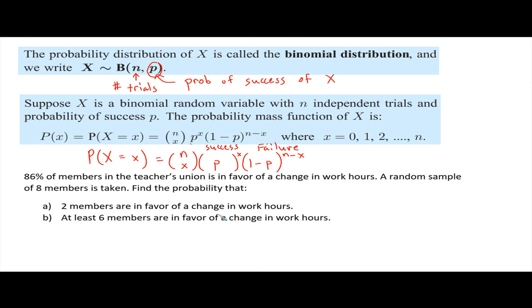So we think about our 4 requirements. First of all, if we define capital X, it represents being in favor of a change in work hours.